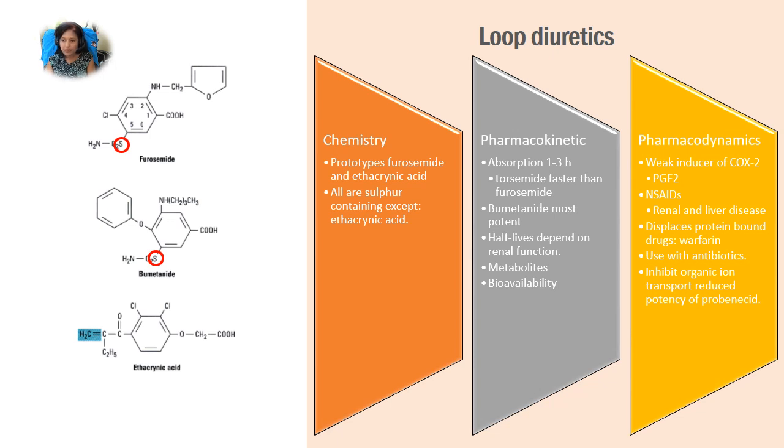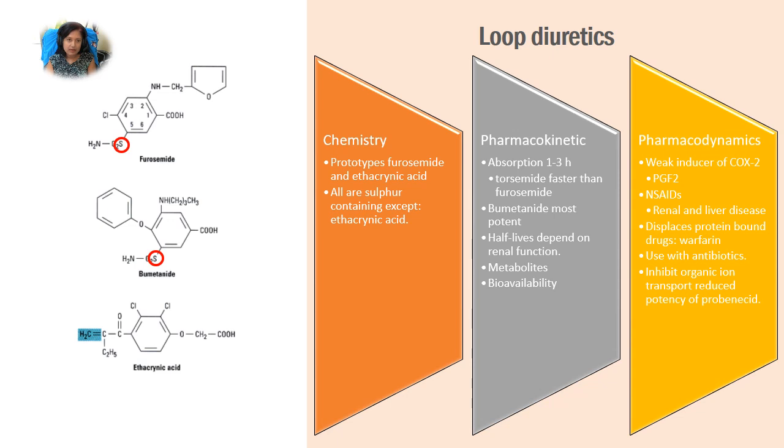This interference of cyclooxygenase activity by the NSAIDs is not significant in patients with normal kidney function, but it would be important in patients who have nephrotic syndrome or hepatic cirrhosis, renal and liver disorders.